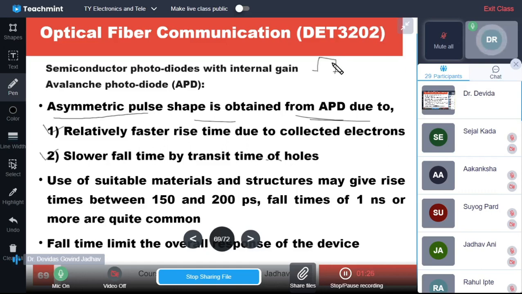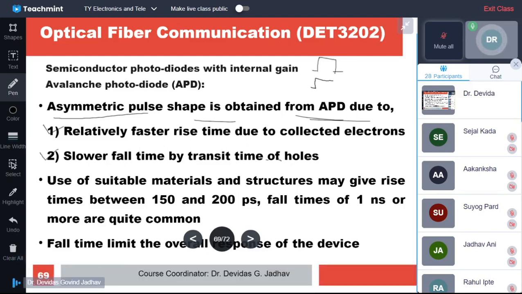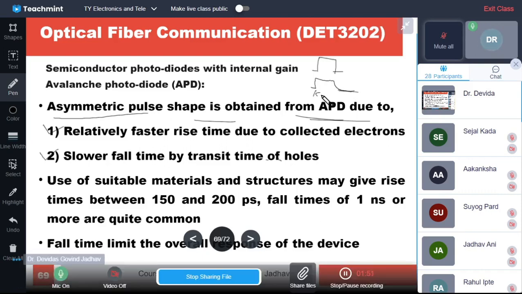So there is a slower fall time due to the transit time of the holes. Faster rise time is there due to the collection of the electrons, but slower fall time is there due to the transit time of the hole. So the pulse response will have a faster rise time and slower fall time. So the pulse will have an asymmetric response.